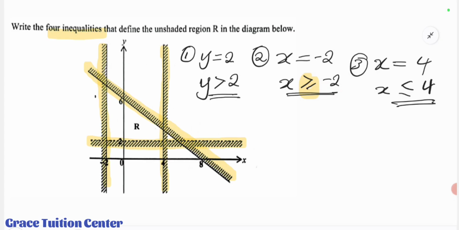This line cuts both the x-axis and the y-axis, meaning that it has a gradient.